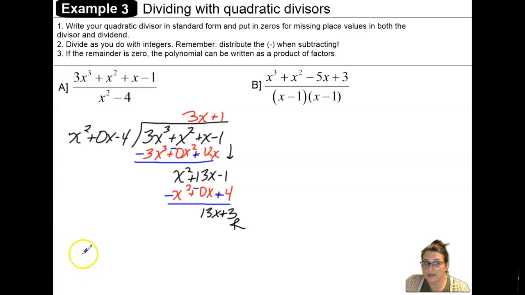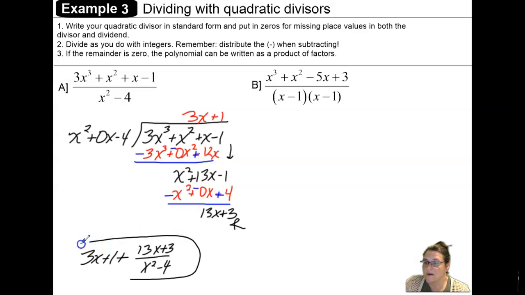So that quotient is 3x plus 1 plus, and then my remainder, which is 3x plus 3, over the divisor, which is x squared minus 4, right? And that is how I would represent the quotient to that division problem. Remembering that it is not a factor, right? x squared minus 4 is not a factor because my remainder wasn't 0.